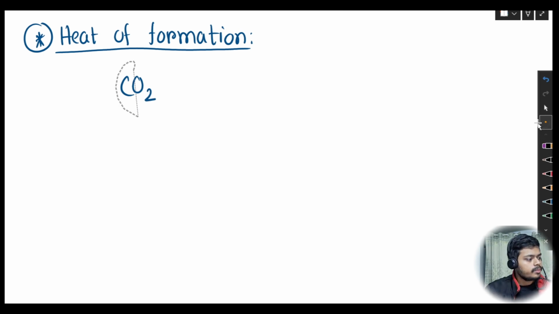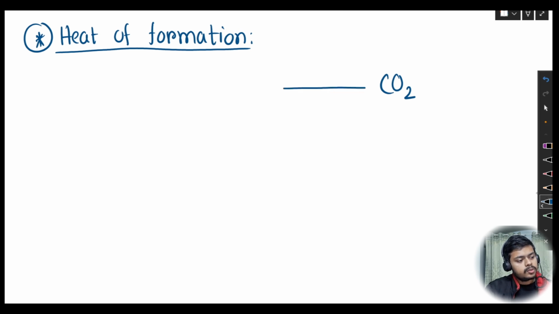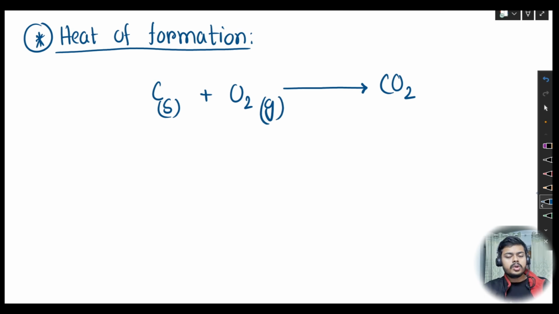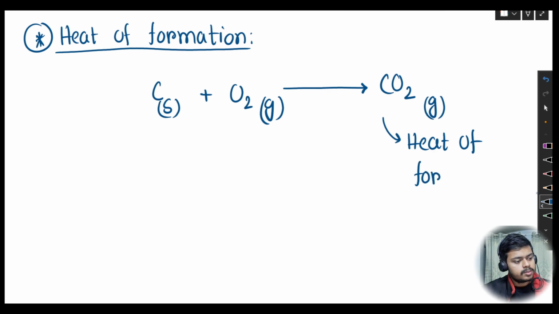For the heat of formation of carbon dioxide, the reaction is that solid carbon and gaseous oxygen react and produce carbon dioxide in a gaseous state. This is going to be the heat of formation reaction for carbon dioxide.